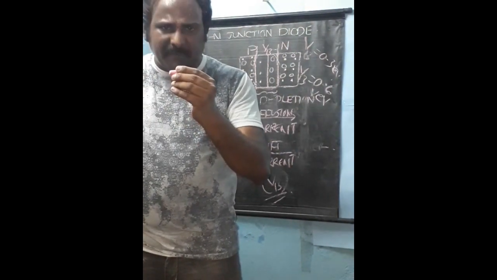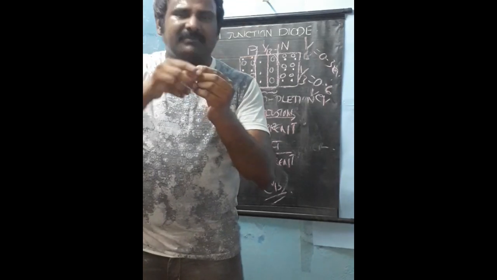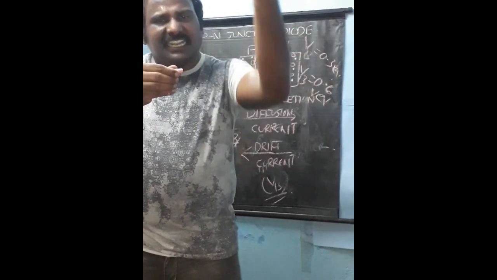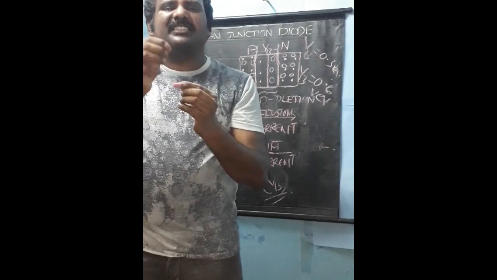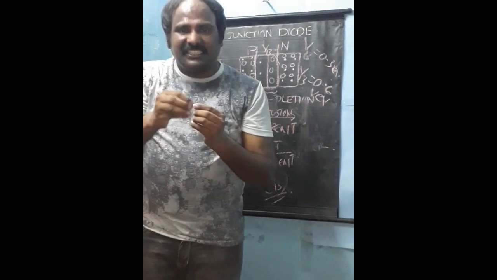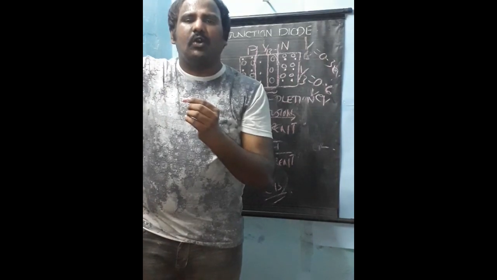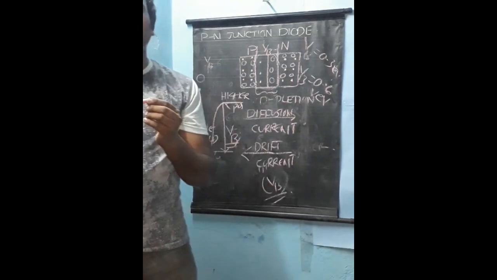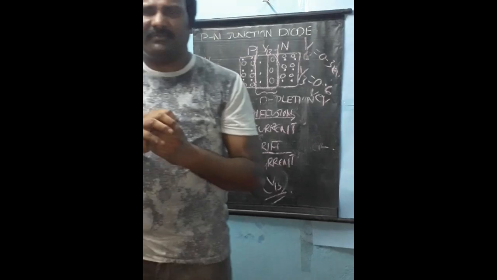So holes from P enter into N and electrons from N enter into P. Such process is called diffusion. And such current due to combination of holes and electrons is called diffusion current.